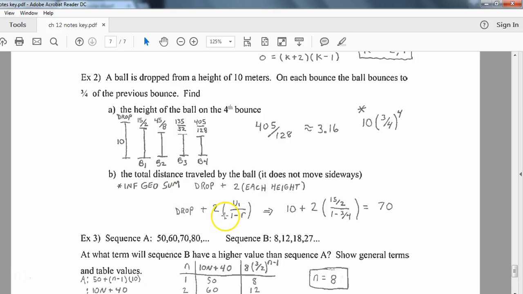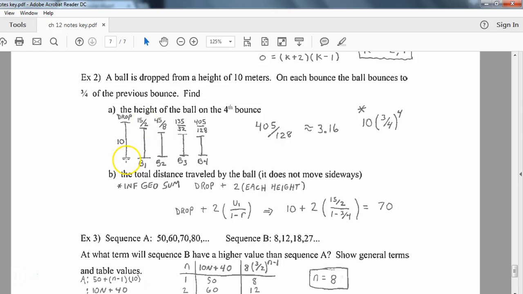The best approach to this is to recognize, in this case, when we talk about total distance, keep in mind that the ball would bounce up and down for every bounce. So we started with this drop of 10, which only goes down 10, but then for each bounce, it's going to go up and then down, and then up and then down, and so it's doing this twice for every bounce.